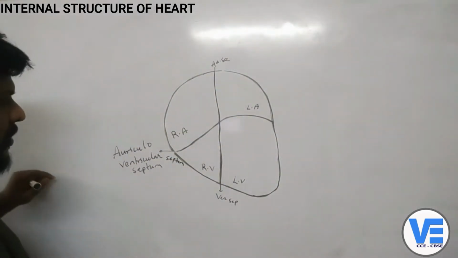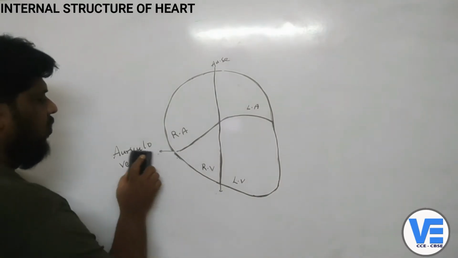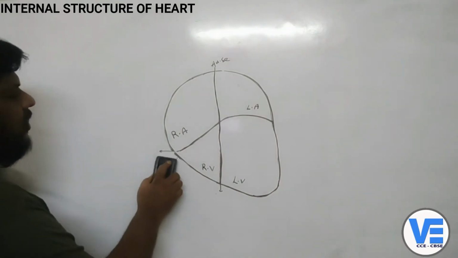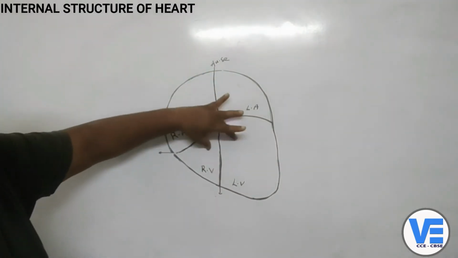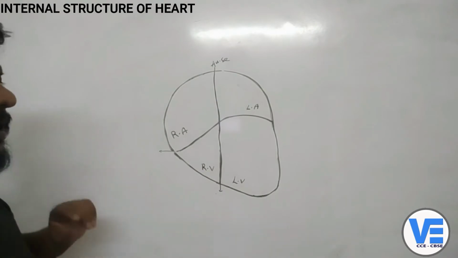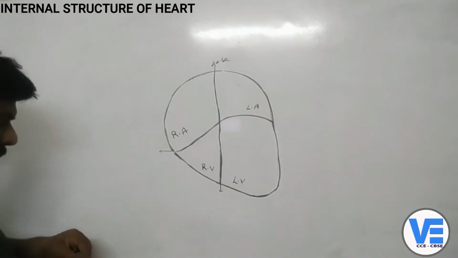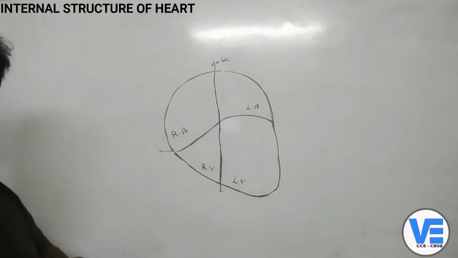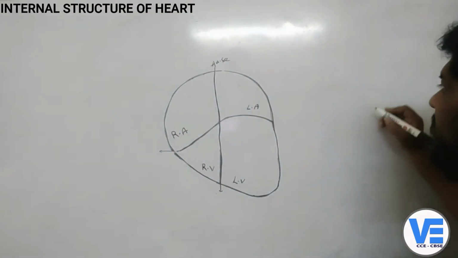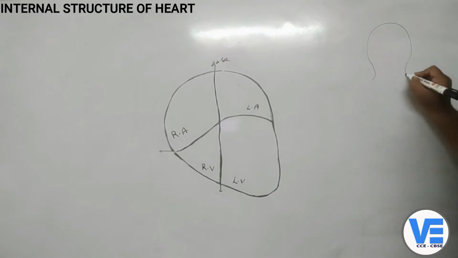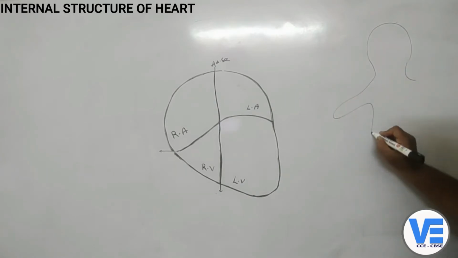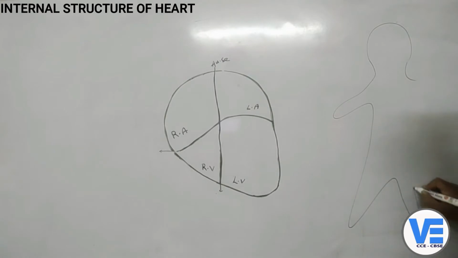Okay children, I'm rubbing this one now because we have many things to draw and write here. These are the four chambers which are very important for our learning. Now the basic thing that happens here is, you see here, assume that this is a human body, right?